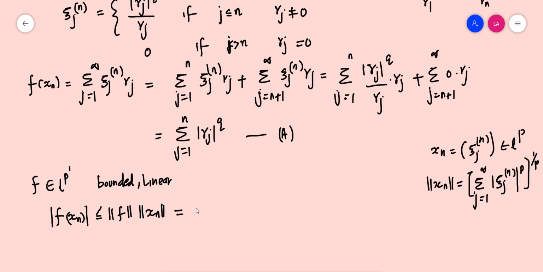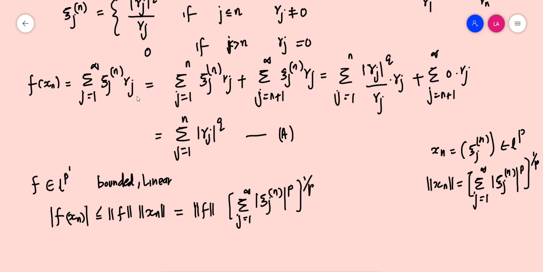So this should be equal to norm f times the summation j equal to 1 to infinity of modulus of theta jn the whole raised to p, the whole raised to 1 by p.